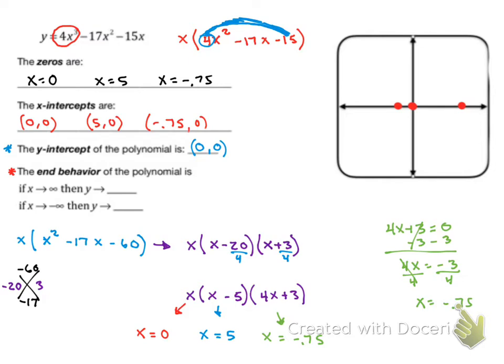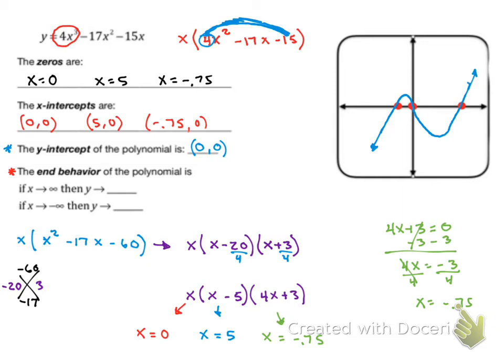And since it's a positive 4 out in front, when we graph this, we start with our graph going down this way and up this way. And remember that we had no multiplicities for our x's, so all of these are going to go through when we draw it. So it goes through, comes back, and then goes through and meets the endpoint.